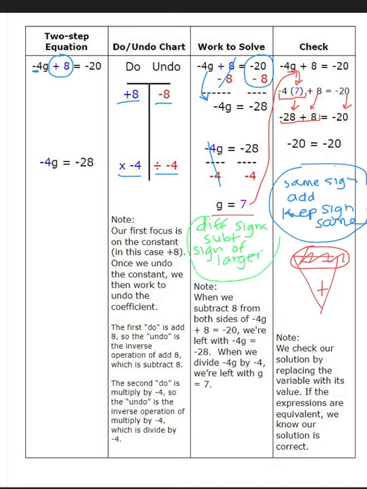Okay, I know these notes are all over the place, but you can always look in your other notes for integers. So, different signs, because one's negative, one's positive. So we subtract the two numbers, get a 20. Take the sign of the larger number, which is the 28. So negative 20 equals negative 20. Okay, that checks out.